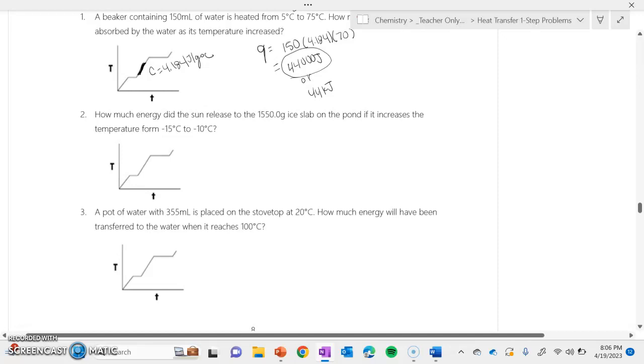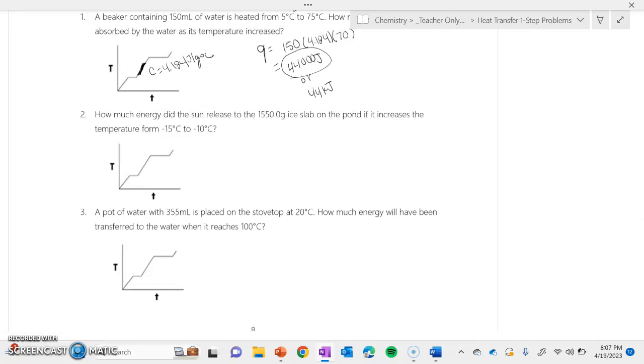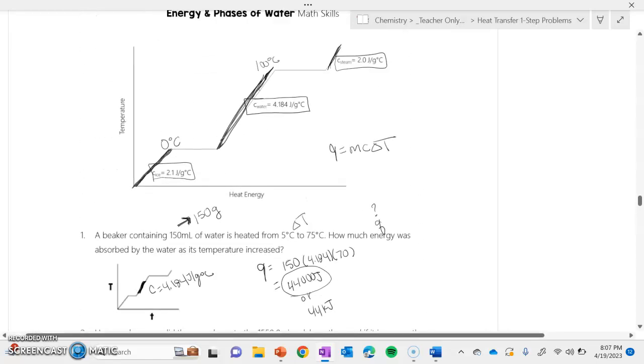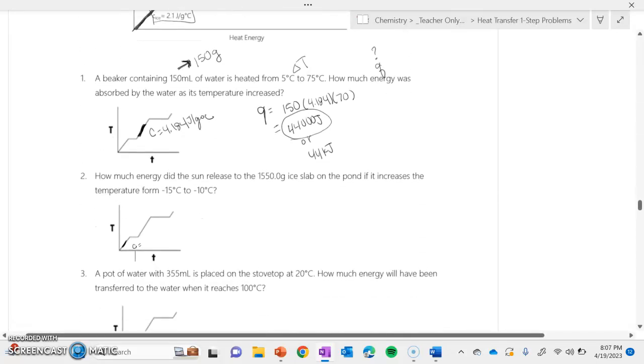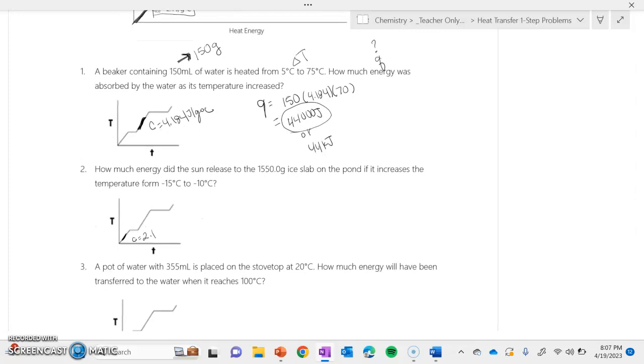Number 2 is now going to focus on an ice slab going from -15 to -10. So we're going to be in this section, different specific heat. So let's look up at our heating curve. 2.1 is the specific heat of ice.